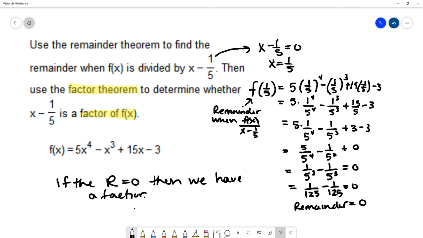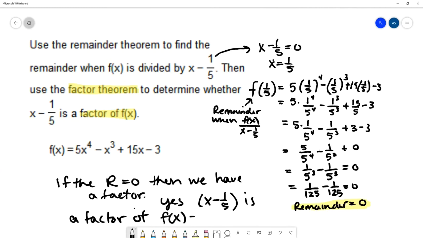So combining the remainder theorem with the factor theorem, because our remainder came out to be 0, then yes, x minus 1/5 is a factor of our polynomial f of x equals 5x to the 4th minus x cubed plus 15x minus 3.